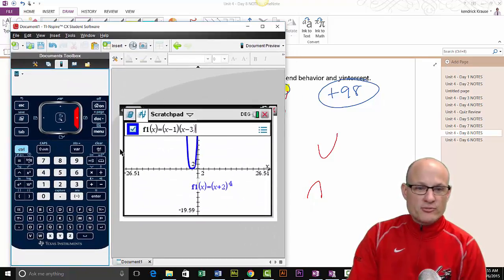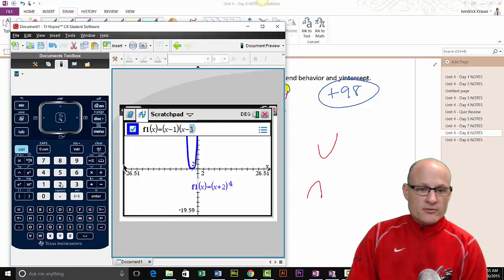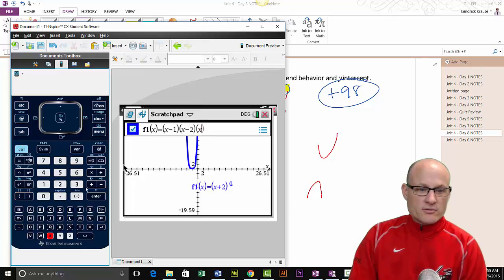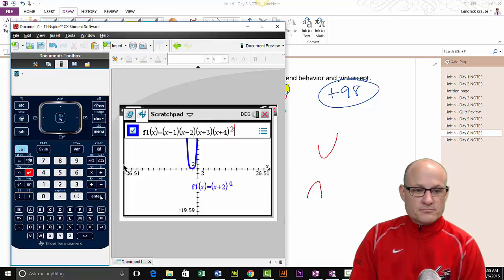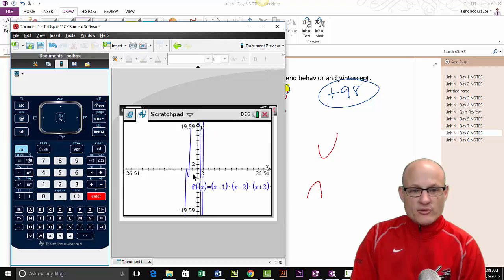No, it's plus 3. Shoot. Minus 2. x plus 3. And the last one I'm just going to write is x plus 4 squared. Notice I told you it was going to bounce off it. Oh, it made these two.